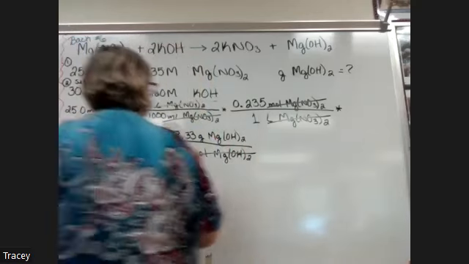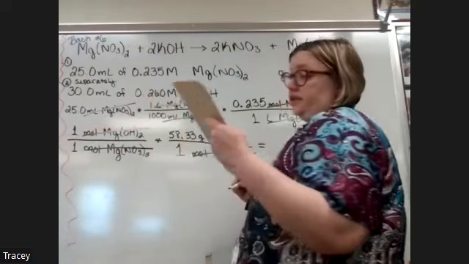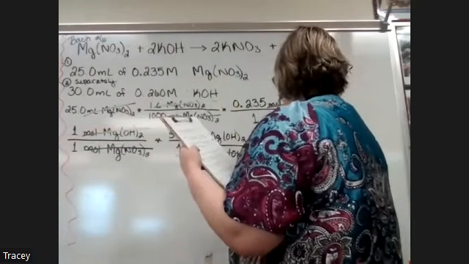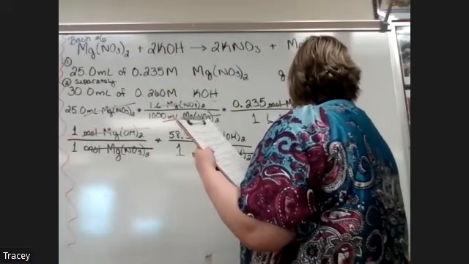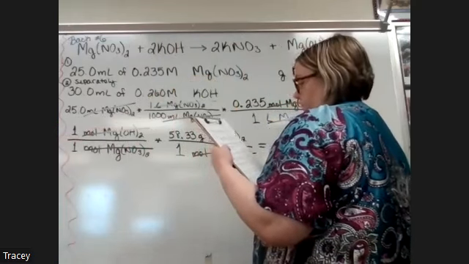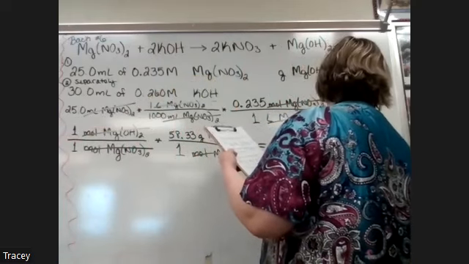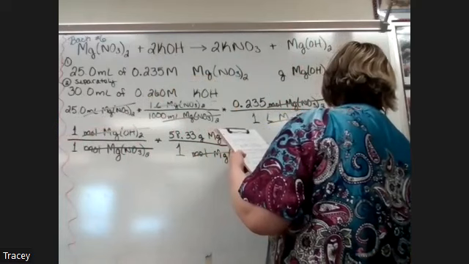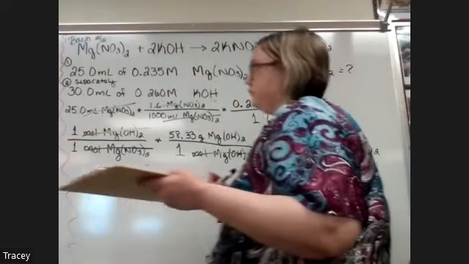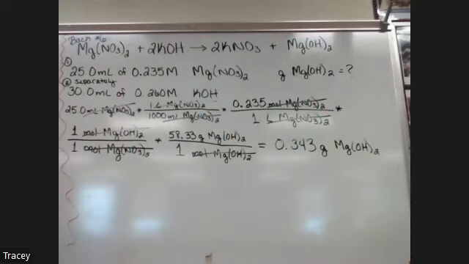That cancels out moles of Mg(OH)2 and gives me grams. 0.343 grams Mg(OH)2. Now that's for one pair of givens, the volume and molarity. Now we're going to take the second pair of volume and molarity and do the same thing.